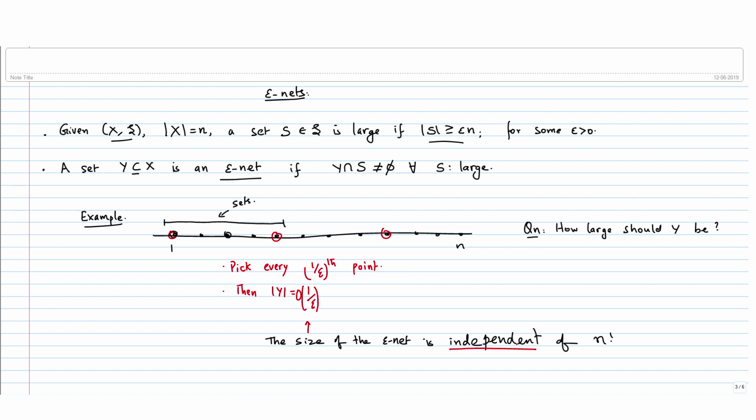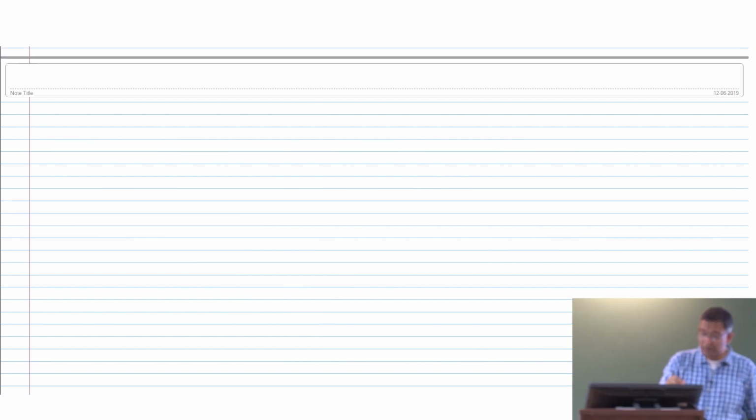The size of the epsilon net in this case does not depend on the number of points. It's a constant size set. If epsilon is a constant, then the set Y has constant size, and if you look at any interval of length at least epsilon n, then one of the points is hit. Okay, good. That's easy. Let's look at another example.